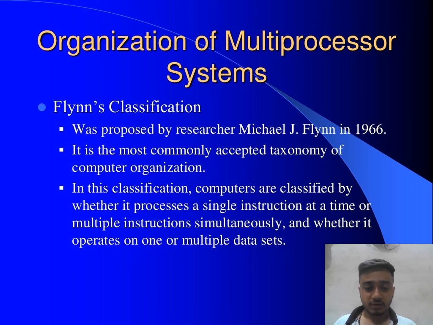Organization of multiprocessor systems. Flynn's classification was proposed by researcher Michael J. Flynn in 1966. It is the most commonly accepted taxonomy of computer organization.